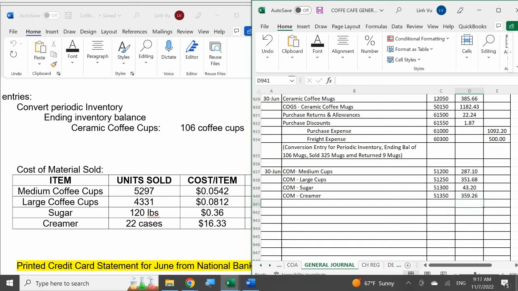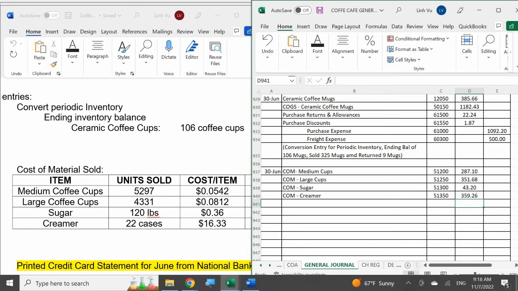I have my debit accounts. What are my credit accounts? Where am I taking them out from? Would it be your purchase expense? No, we already finished. We're not buying coffee mugs right now.